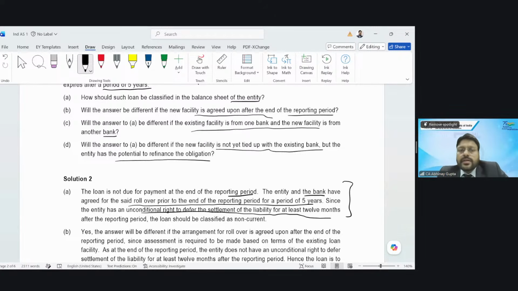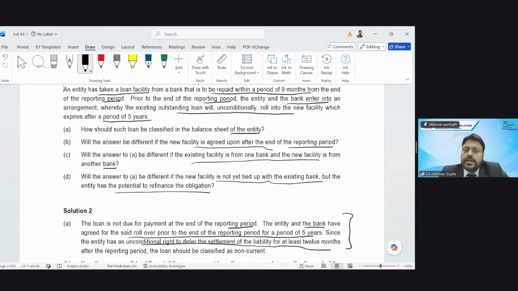Now, what is happening? Generally, as per the general terms, the loan was repayable within 9 months from the reporting date, and hence it was to be classified as current. But what has happened? The bank and the entity entered into an arrangement whereby the existing loan will be unconditionally rolled into a new facility which will be maturing or expiring after 5 years from the reporting date.